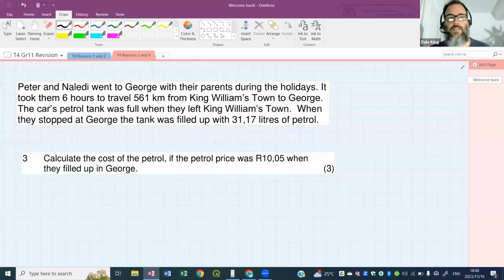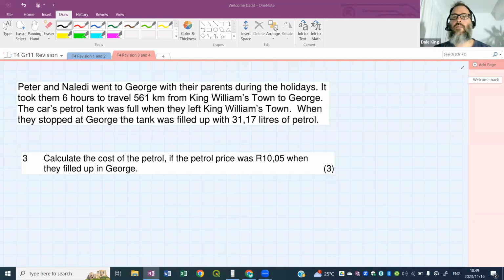Let's see what we get. I'm interested to see what answers you get here. How much was the petrol? Calculate the cost of the petrol if it's 10 Rand and 5 cents a liter when they filled up in George. All right, we're getting answers.